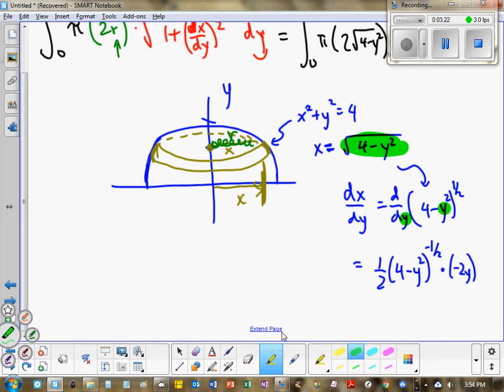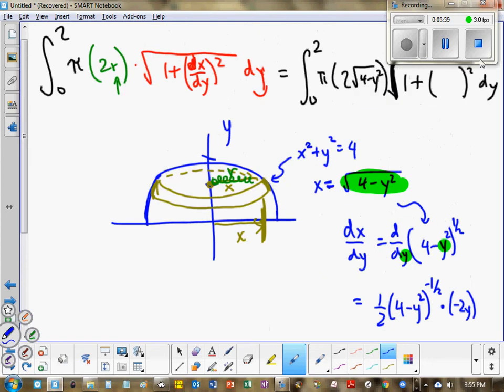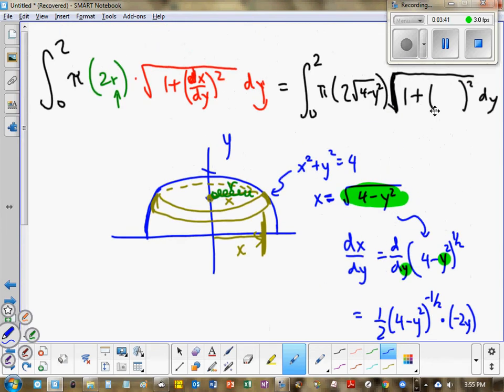Let's clean this up a little. The half and the negative 2 are going to cancel. It's going to be a y, and then it's all over square root of 4 minus y squared. And this is dx/dy. I remember the formula requires dx/dy squared in this particular spot, so see this square right up here in pink.